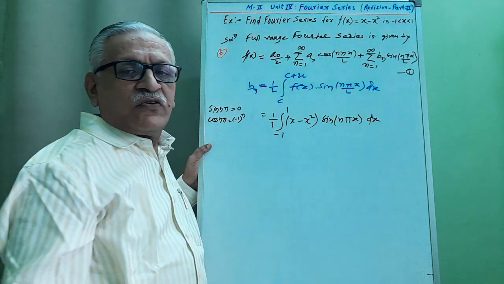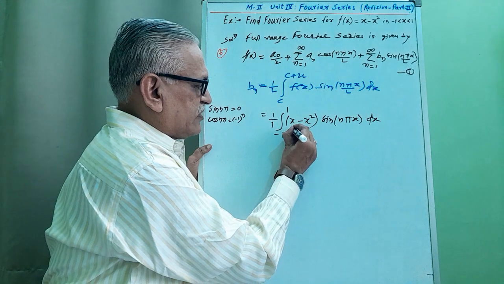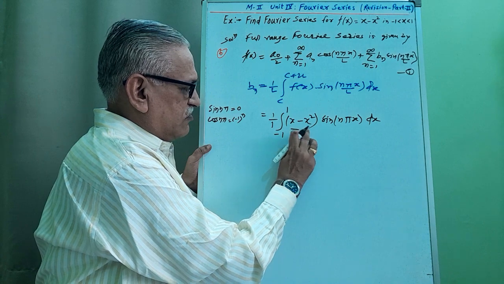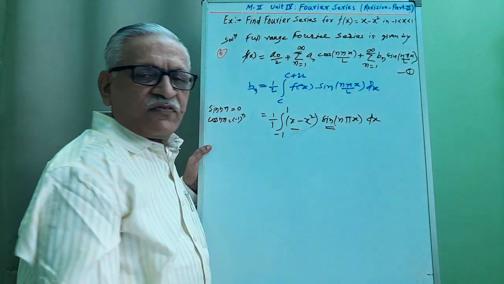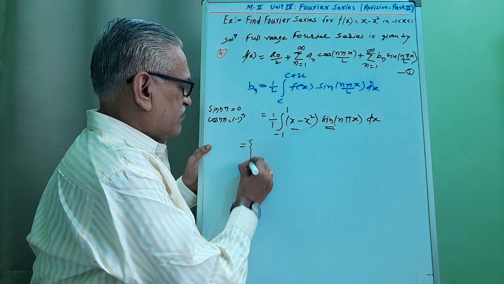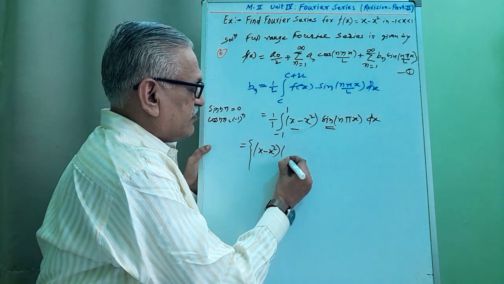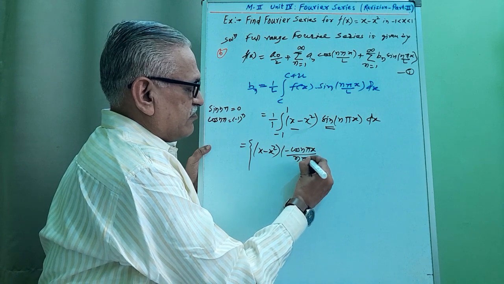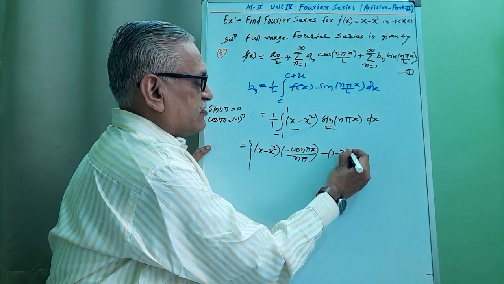Its integration with respect to x, again a product of two terms, therefore integrating it by generalized integration by parts. x minus x square is an algebraic term, therefore we consider it as first, and sin is trigonometric, therefore that term as second term, and therefore first term x minus x square, integration of sine is minus cos n pi x by n pi, then minus differentiation of this is 1 minus 2x.